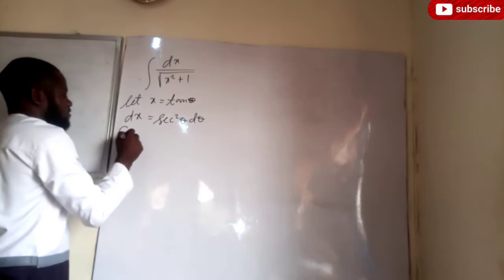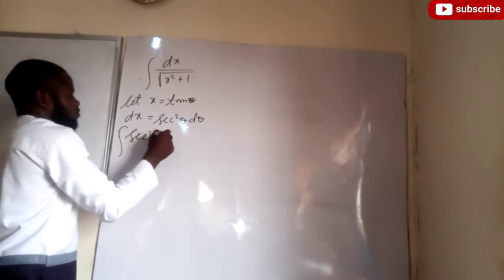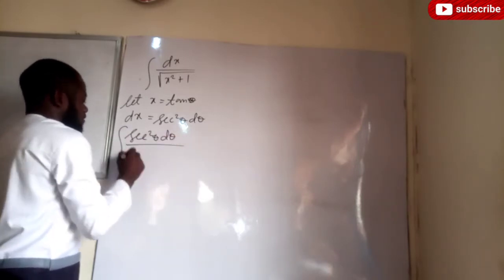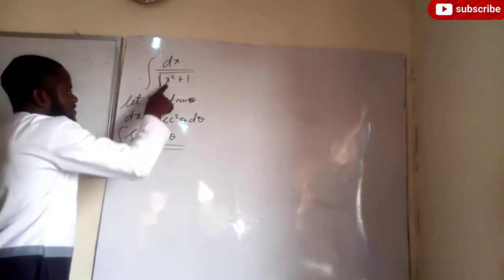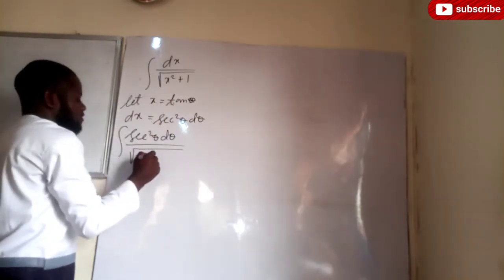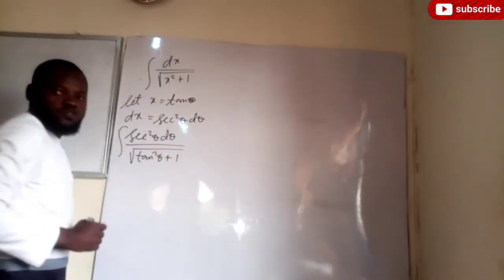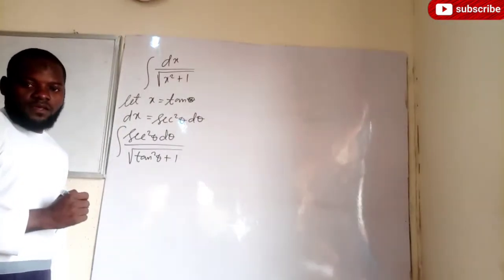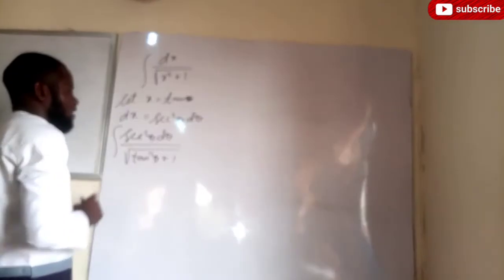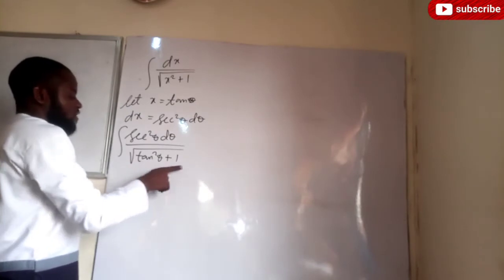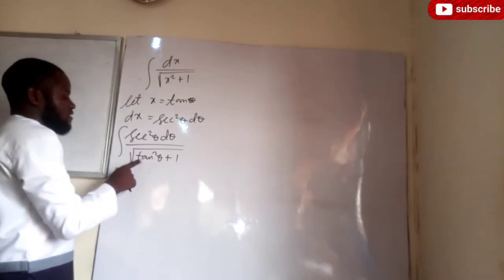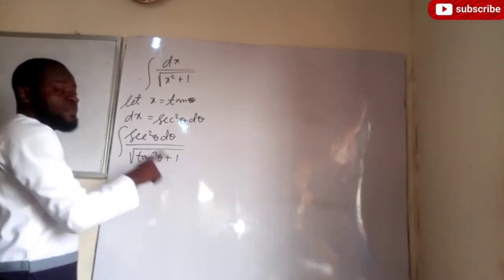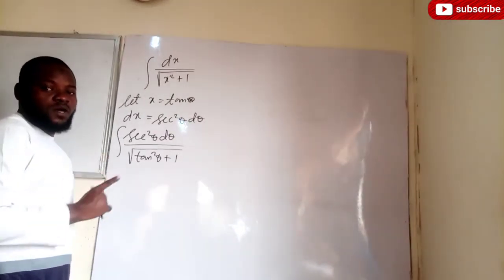So I have the integral of sec squared theta d theta divided by the square root of, instead of x squared, tan squared theta plus 1. Recall from the trigonometric identity that tan squared theta plus 1 is the same thing as sec squared theta.